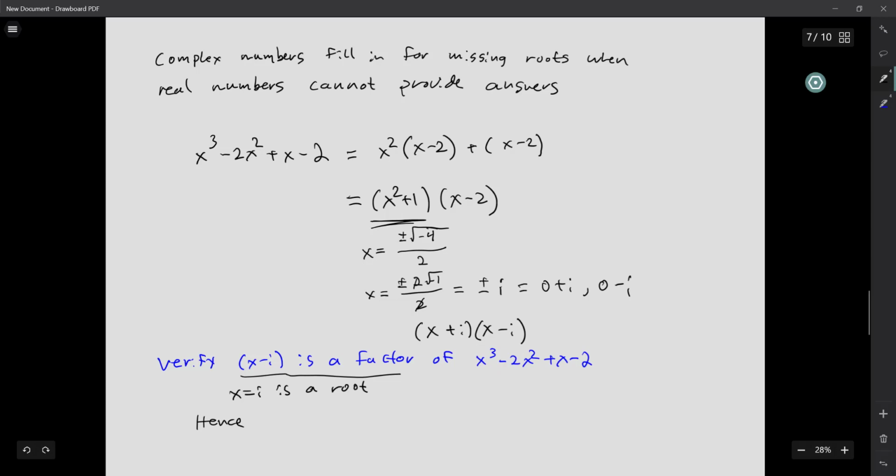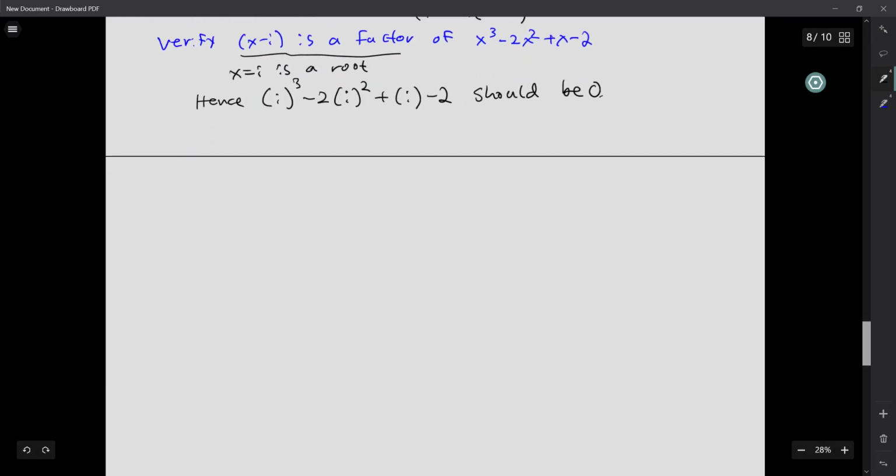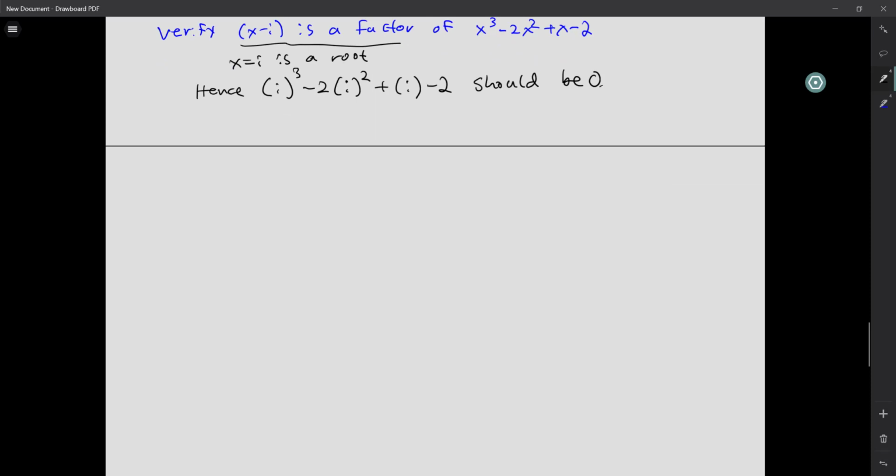So I'll write that, hence i cubed minus 2 times i squared plus i minus 2 should be 0. So let's go ahead and try that. I picked a pretty easy example here. So let's see. i cubed from before is equal to minus i, and i squared is equal to minus 1, and i is just itself.